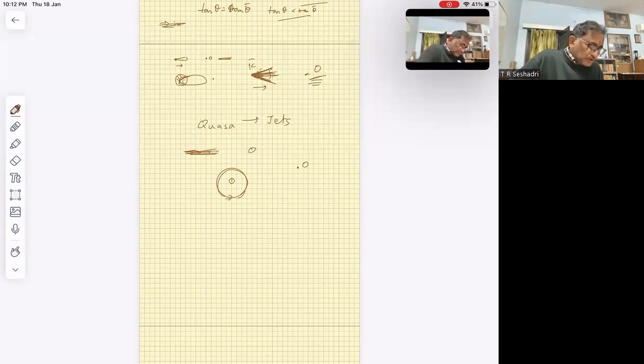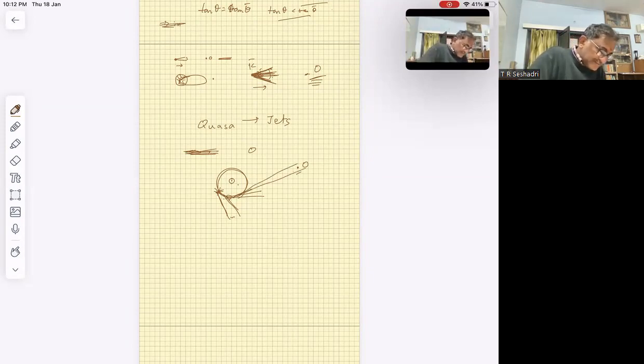So when the particle is here, in the frame of the particle, all the photons are being emitted isotropically. But in the observer's frame, it is in a narrow cone over here, so the observer does not see it. Hardly any energy is coming in this direction. The energy is completely confined in this direction. As the particle comes here, the beam is in this direction, and when the particle comes here, it is in this direction.